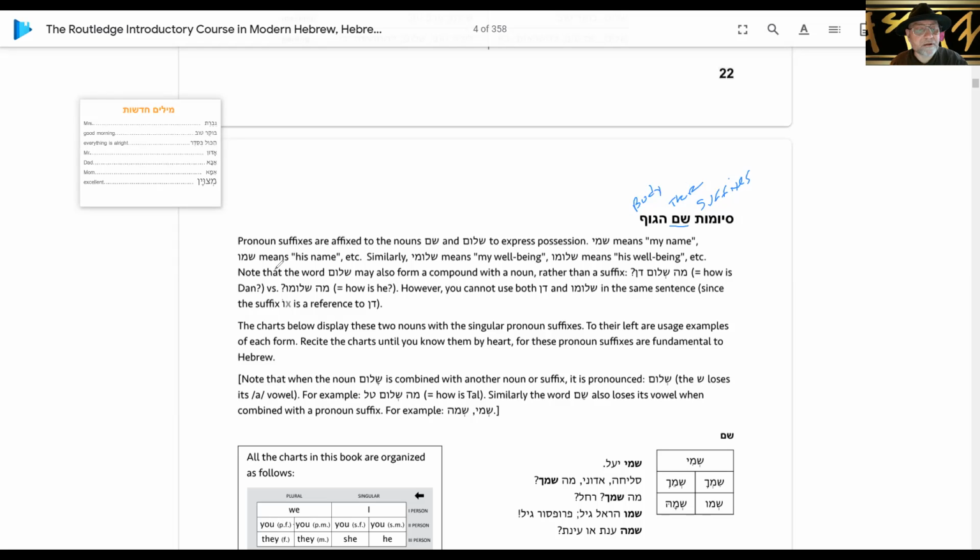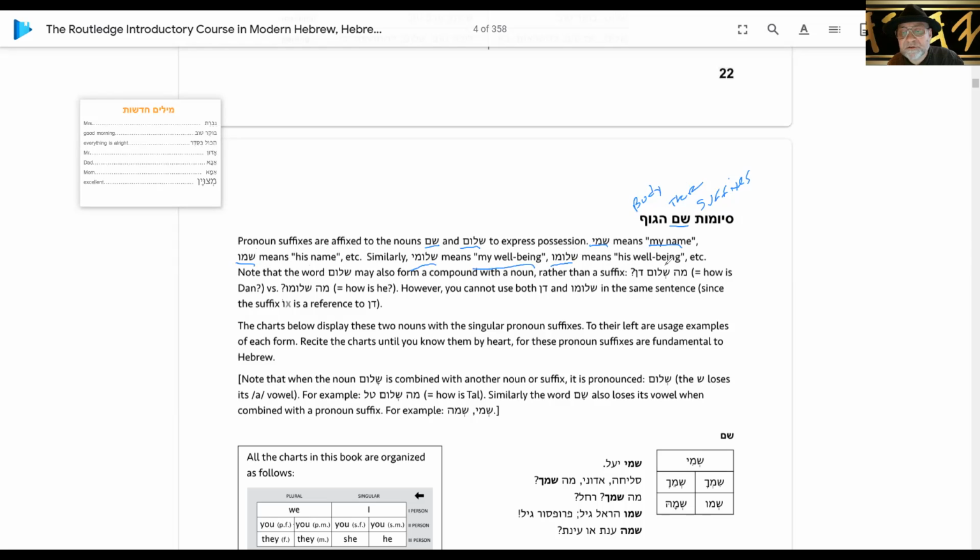Suffixes there, the body. Okay, so pronominal suffixes are affixed to the nouns Shem and Shalom to express possession. Shemi means my name, okay? Shemo means his name. Similarly, Shlomi means my well-being.